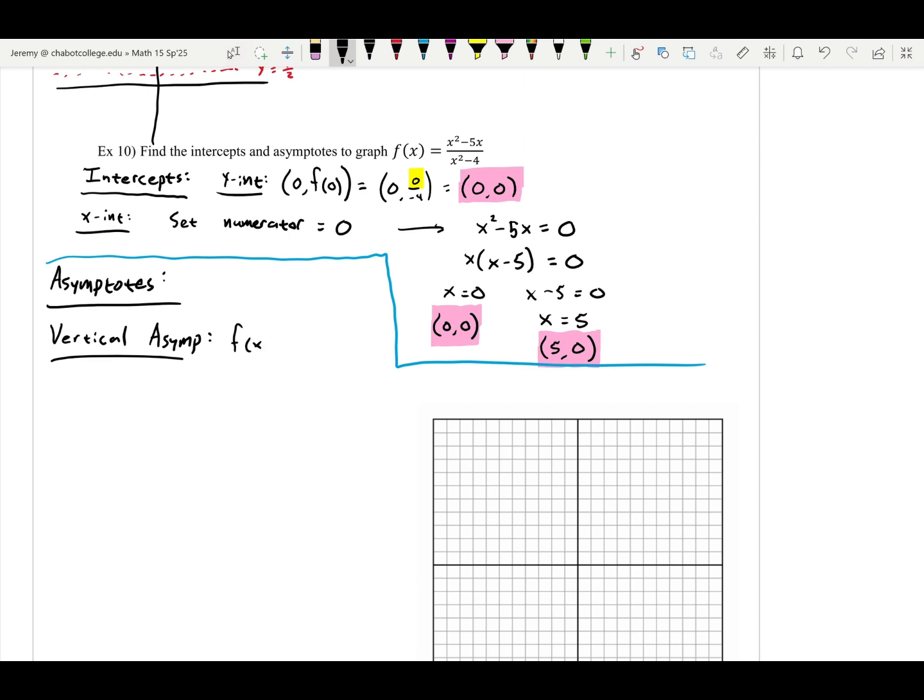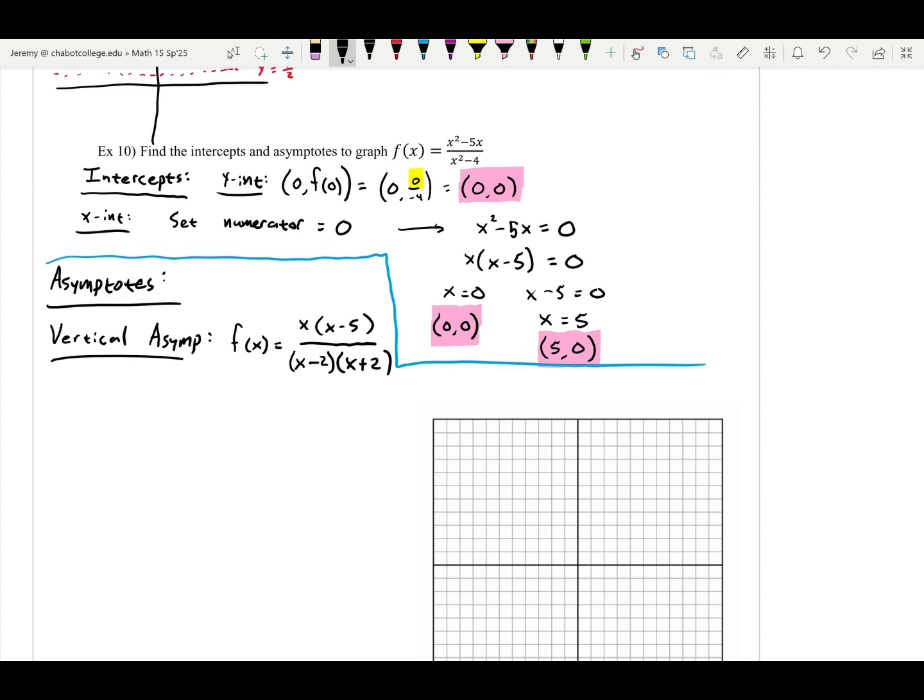So I could rewrite f of x as, the numerator is x times (x minus 5), and the denominator factors, it's a difference of two squares, it factors to (x minus 2) times (x plus 2). All right, so now that I see that we don't have any common factors between the numerator and denominator, there are no cancellations that can happen here, I know that the two factors in the denominator are going to be associated with my vertical asymptotes.